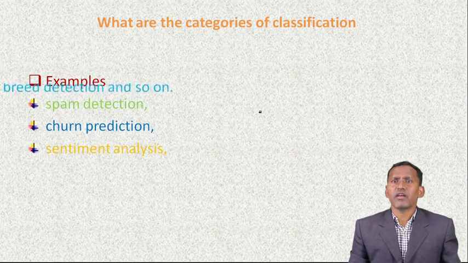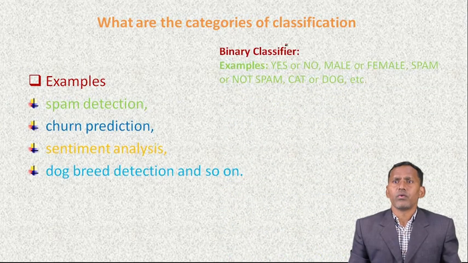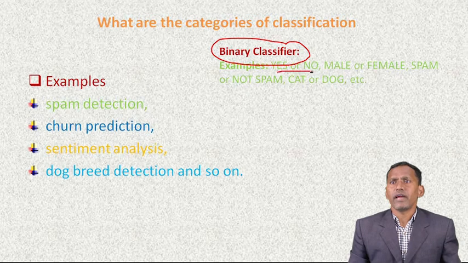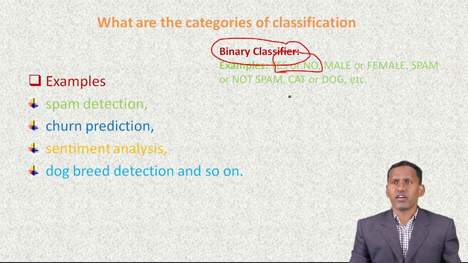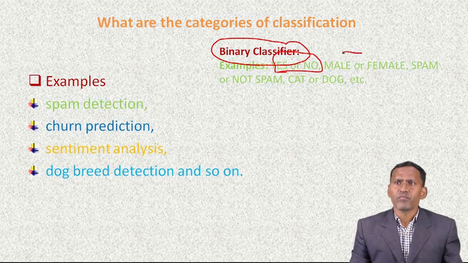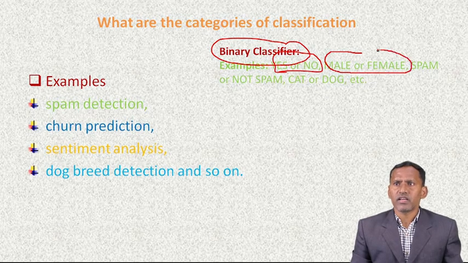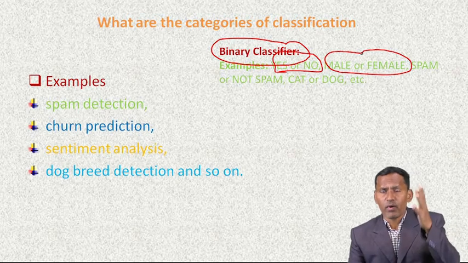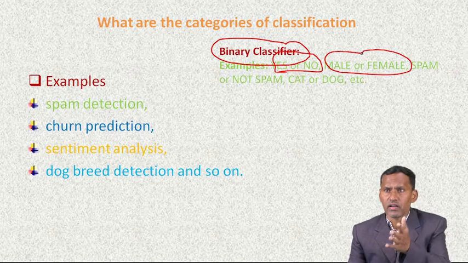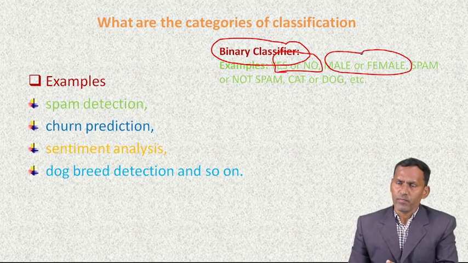So already we have seen binary classification, right? Yes or no. By using this yes or no category, we have built the model using logistic regression. Same thing, we can take a data set and categorize all the data points of people under male or female category.